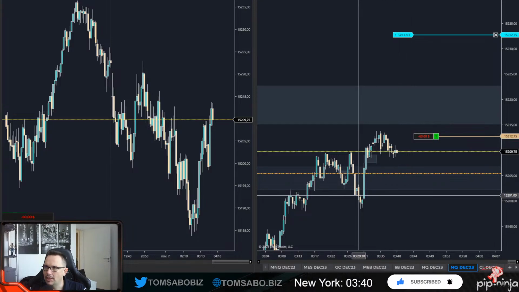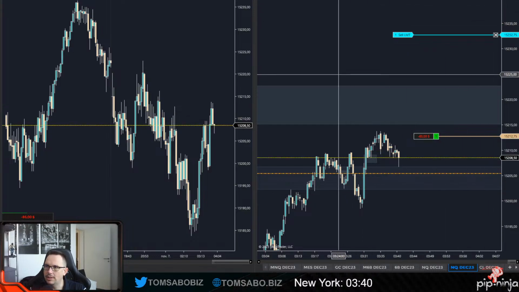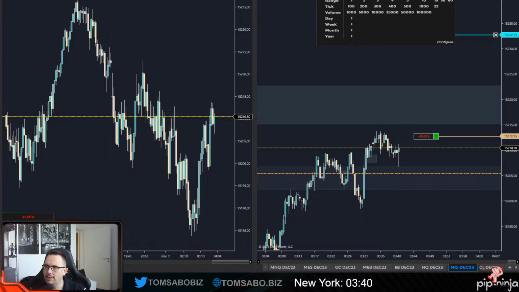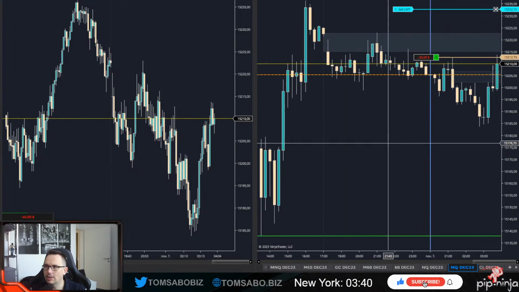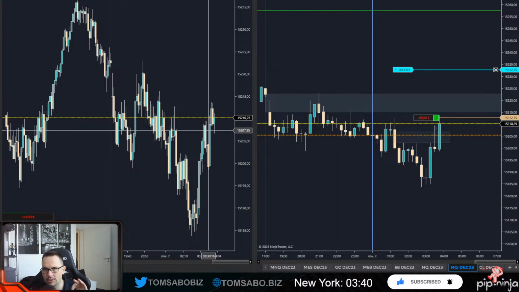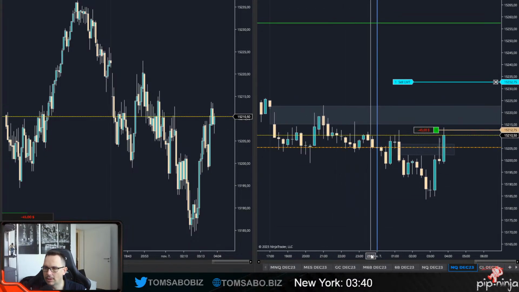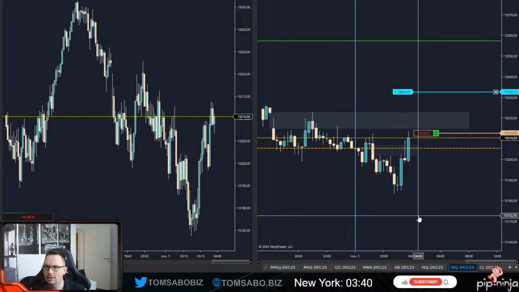So that's how it goes. So the reason for this, and let me zoom out to the 15-minute chart. This is the 15-minute NQ on the right side. The left side is the 500 tick chart. I'm going to explain why I have the 500 tick chart. But on the right side is the 15-minute NQ.